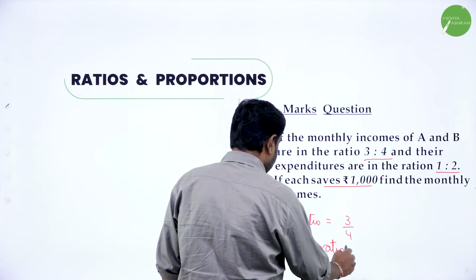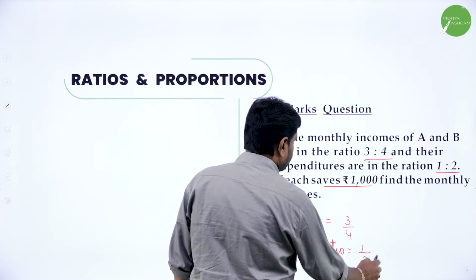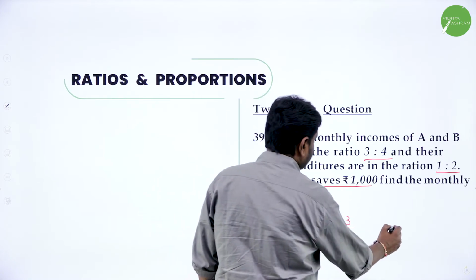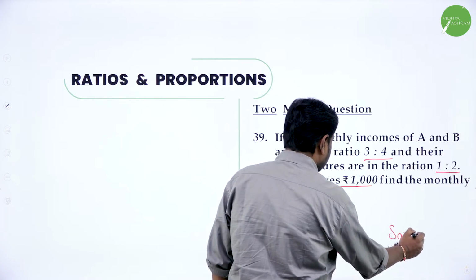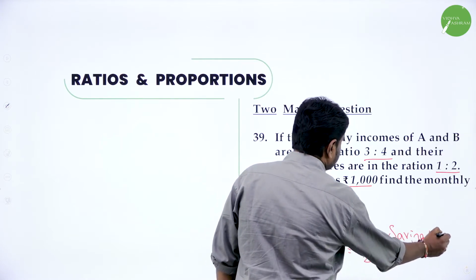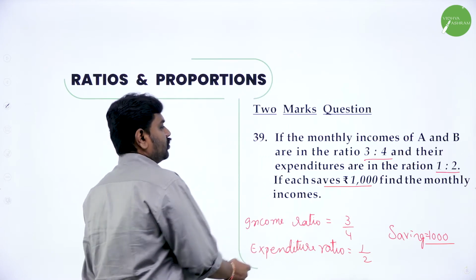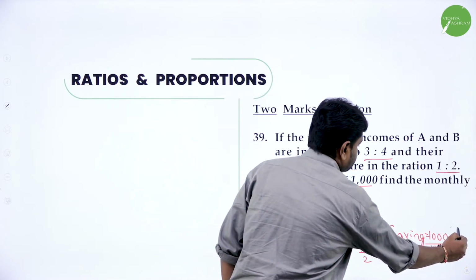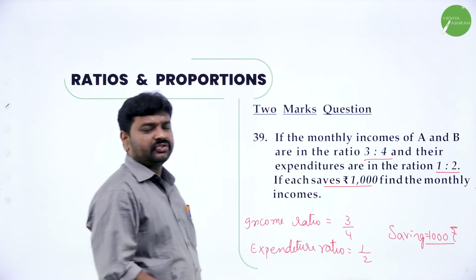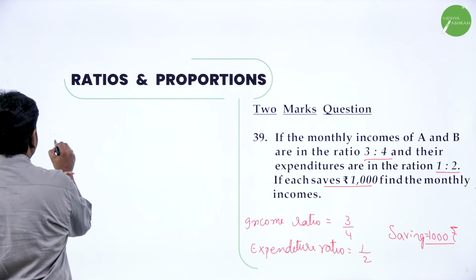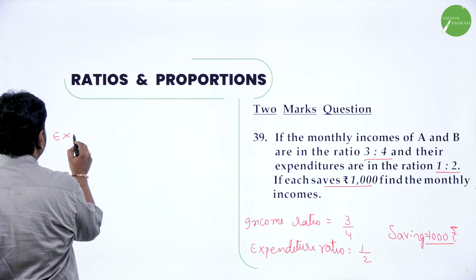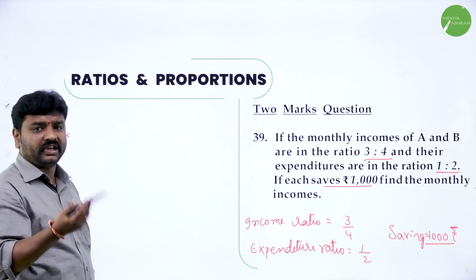Expenditure ratio is also given, that is 1:2. And savings also given. What is savings they give? Savings is 1000 rupees. So before we go to this, first, what is expenditure? The expenditure means the amount you spent.